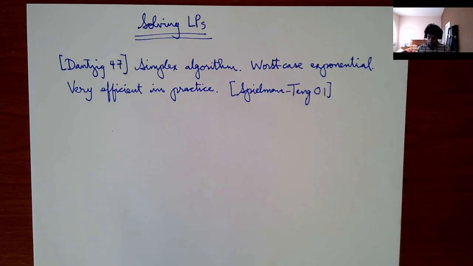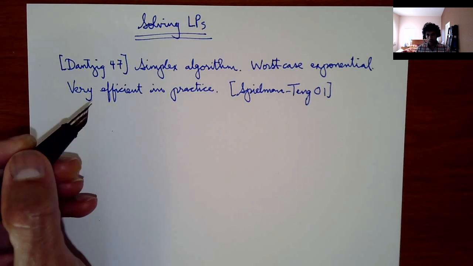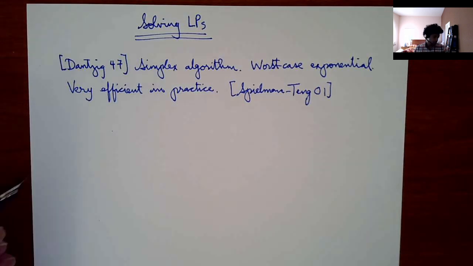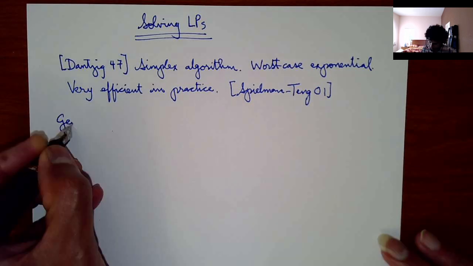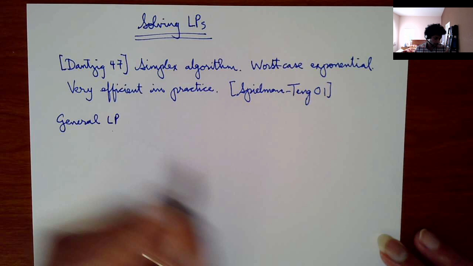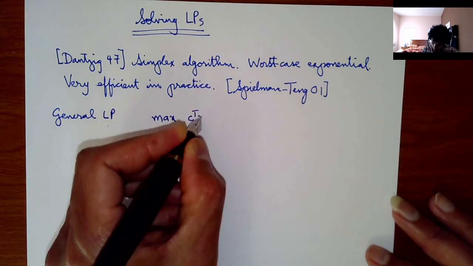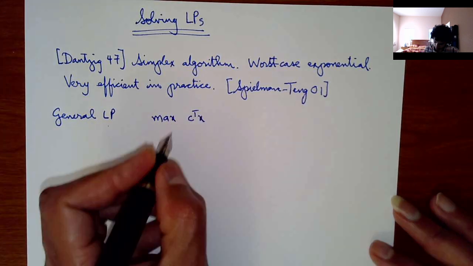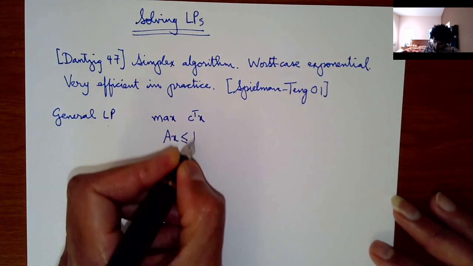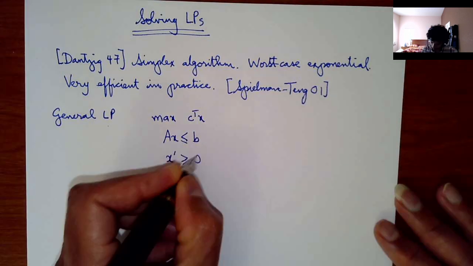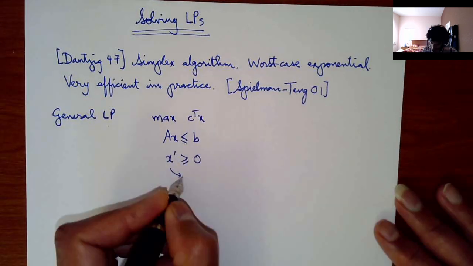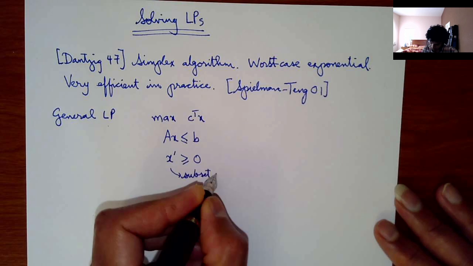But let me tell you how the Simplex algorithm works. It's also a good way of getting more understanding of the dual. So let's just start with a general LP, and we phrase it as a maximization problem. So let's say we're doing max c transpose x, Ax less than or equal to b, and x' greater than 0, where this is some subset of variables.